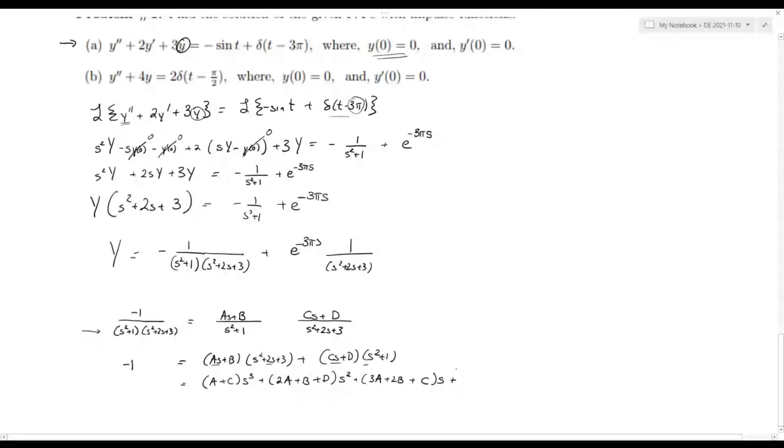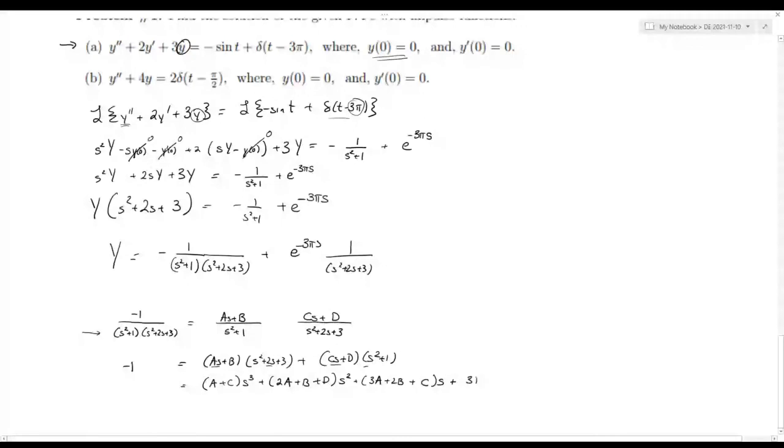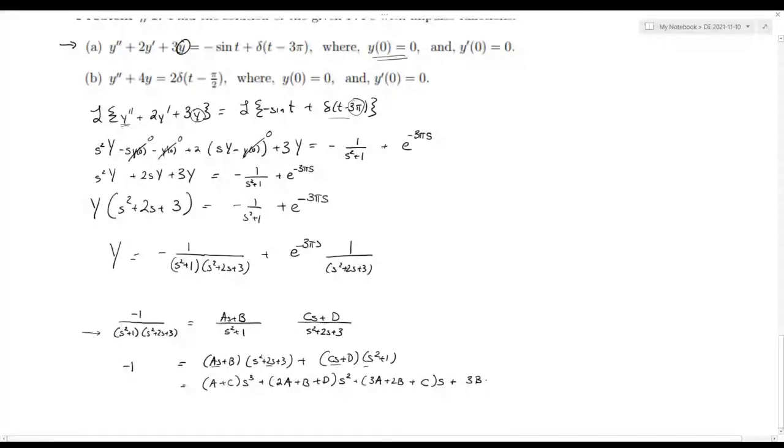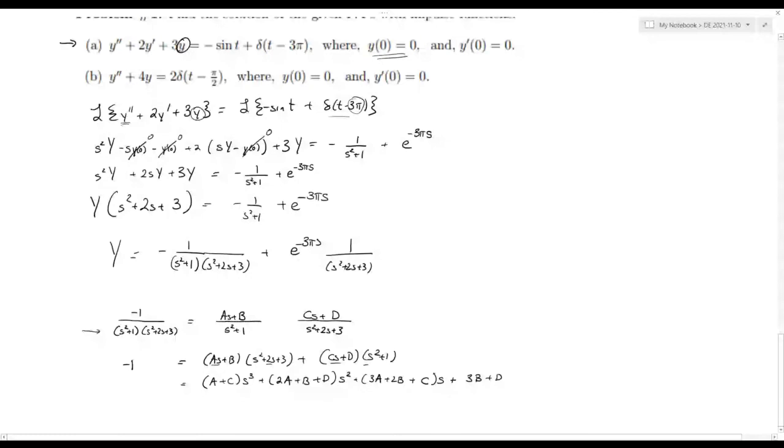So 3b, and then b. So that should be 10 terms: 1, 2, 3, 4, 5, 6, 7, 8, 9, 10 terms. And that's equal to -1.